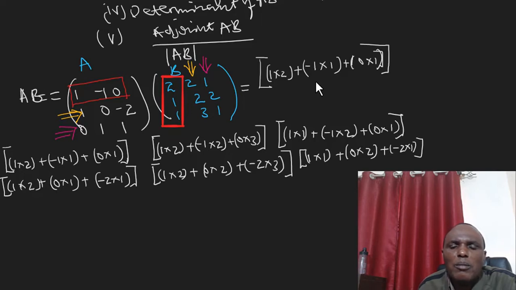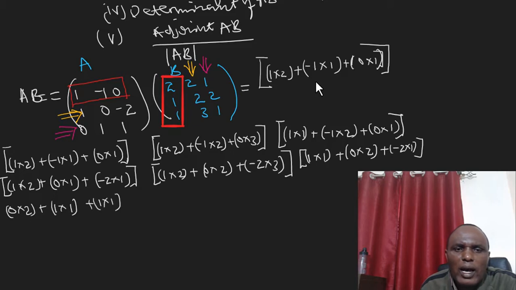We multiply by all the columns of matrix B, and we start with 0 times 2. We add 1 times 1, we add again 1 times 1, and now we have finished with the first element in the last row of the product matrix. Then we go to the second element.